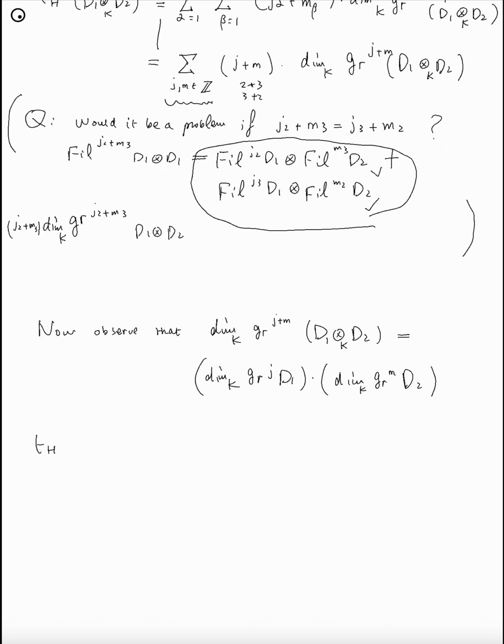Therefore, the Hodge number of D1 tensor D2 over K equals the sum over J plus M times the dimension of graded J of D1 times the dimension of graded M of D2.